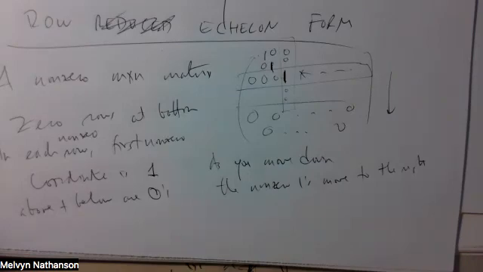Professor, can we write our systems of equations in augmented matrix form for the midterm? So the answer is you have to answer the question as it's stated. There will definitely be one question where I give you a system of equations and ask you to perform Gaussian elimination step by step.